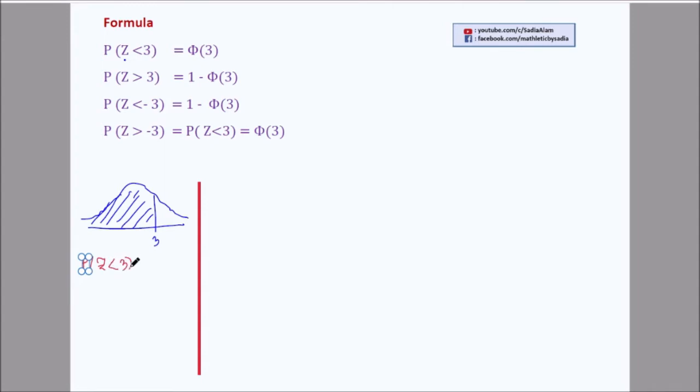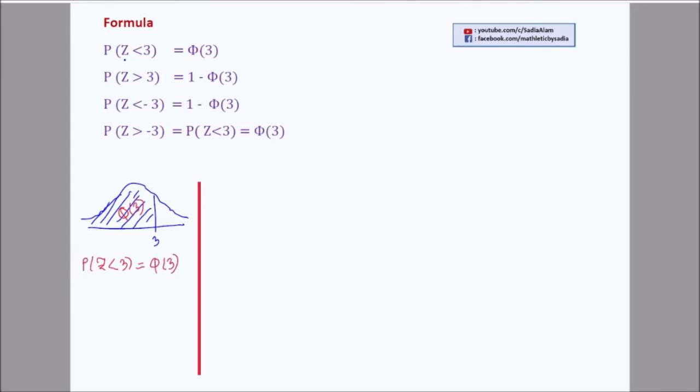I will show both the processes. So let's start with the very first one. Suppose this is 3. In that case, z less than 3 is this space. So probability of z less than 3 is actually phi of 3, as in this space, left side of 3.